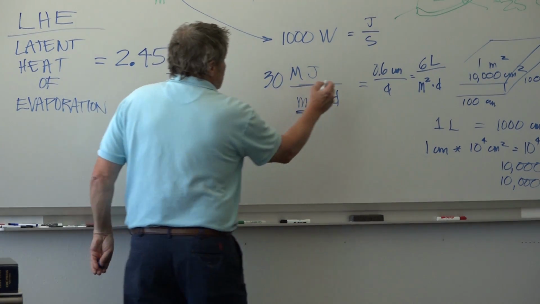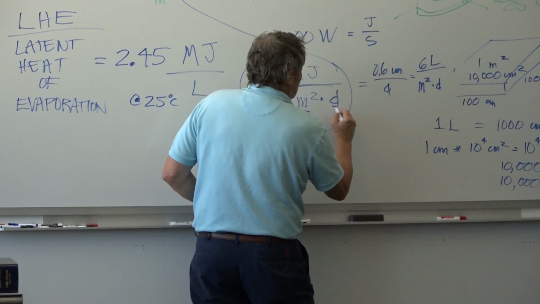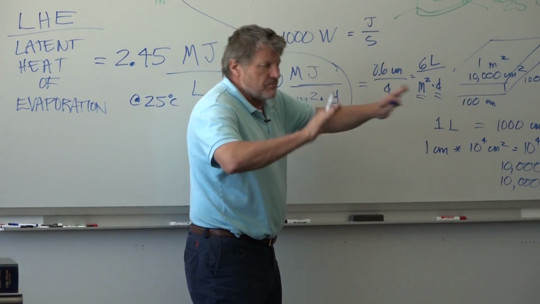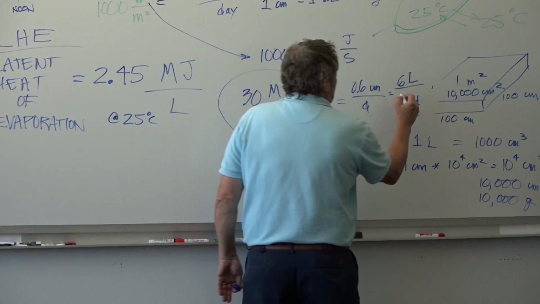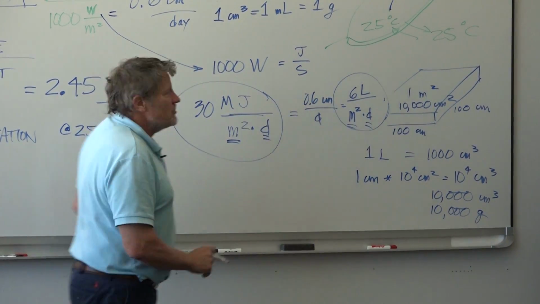So we have 30 megajoules coming in per meter squared per day. Now we finally got units the same, meter squared per day, we can cancel those out. 30 megajoules in, 6 liters.